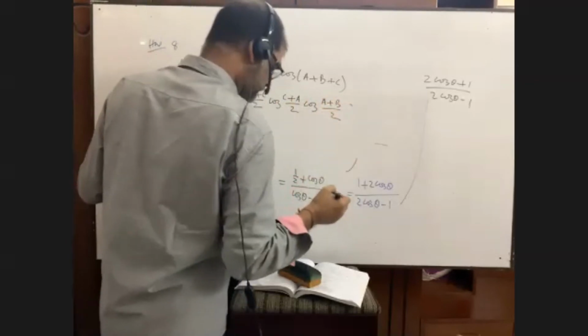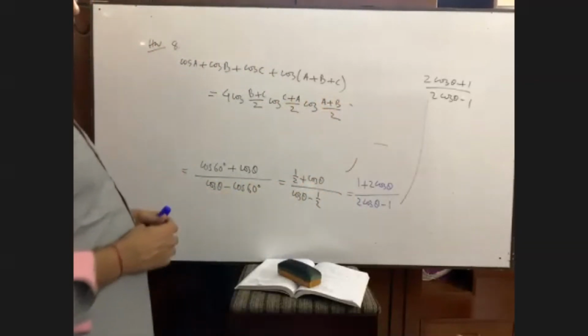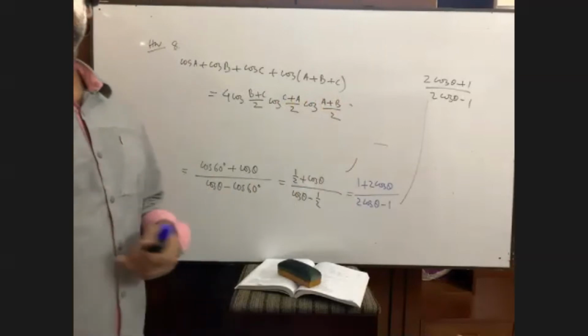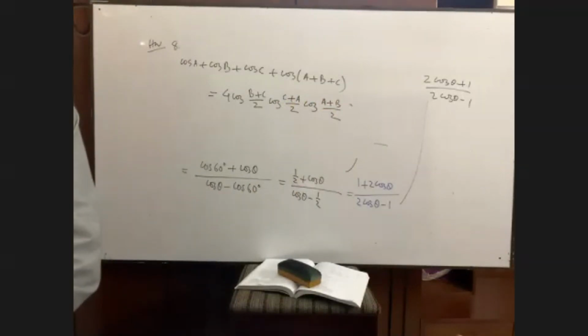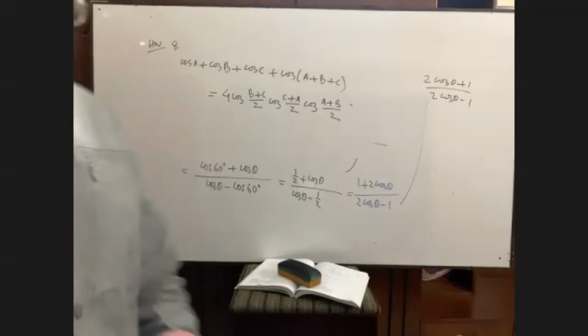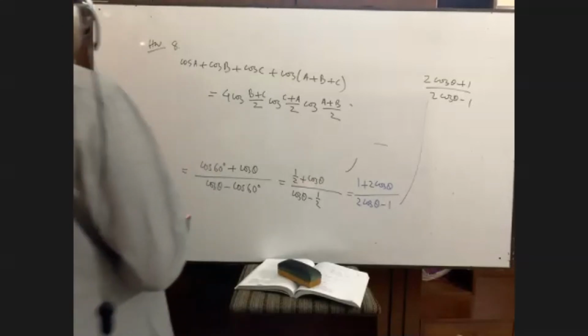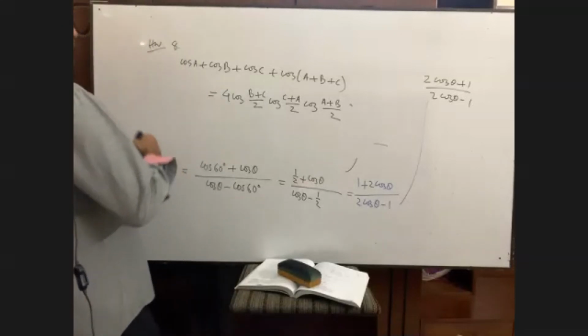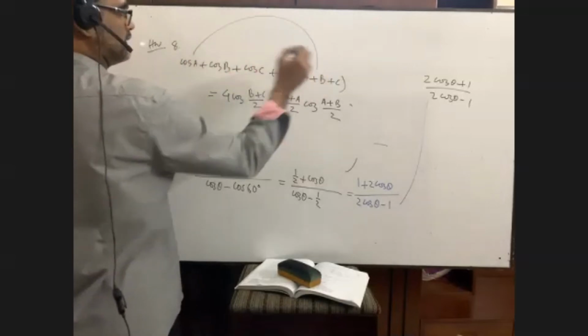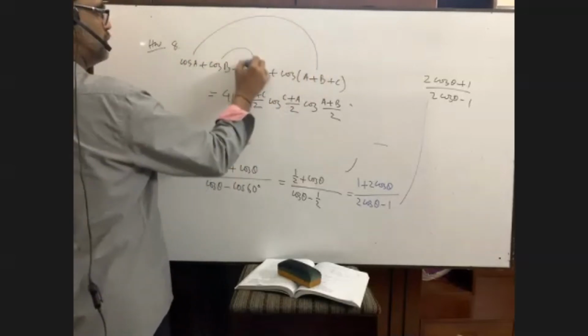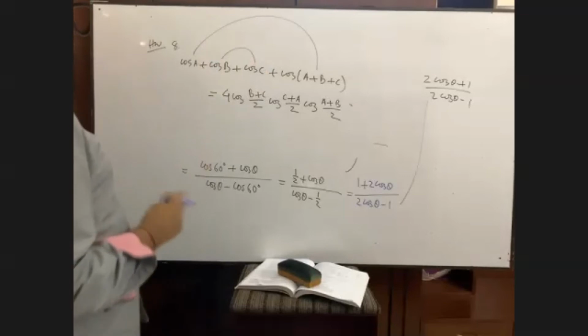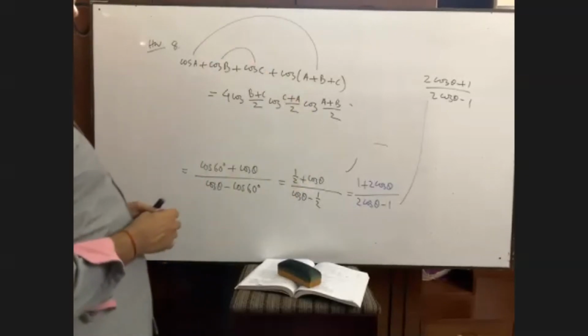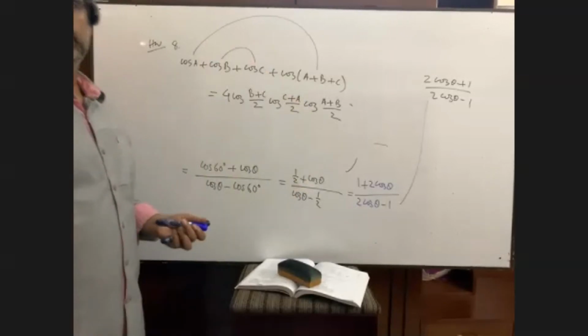Can you do it? Is there anyone here who can do this math? I can give you a hint. At first, you will take these two together and these two together. Then do it. If you want, I can do it now, or you can do it at home.